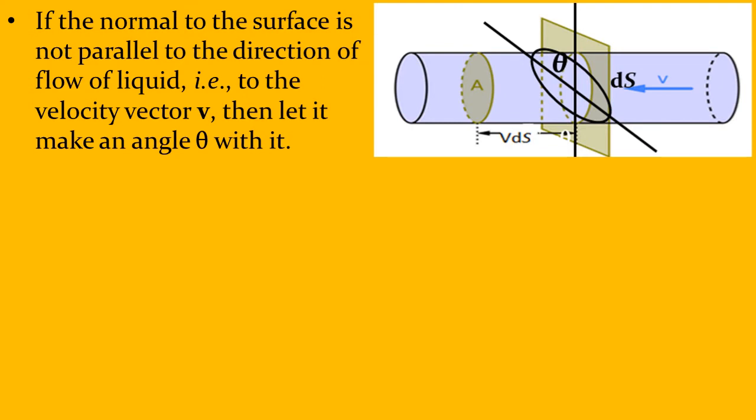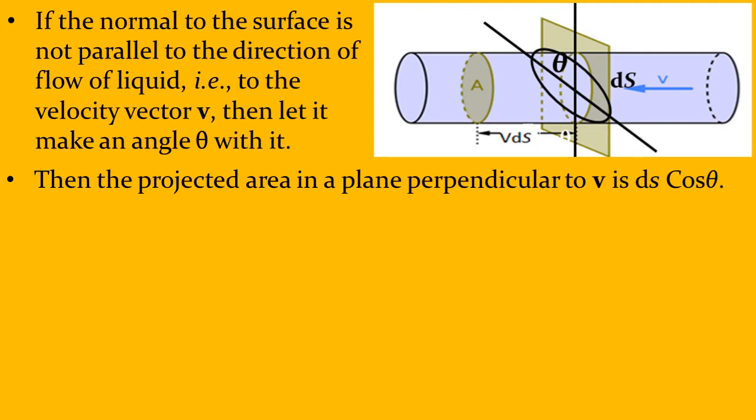Now let us say the aperture which we had provided to the field is not perpendicular to the direction of flow. Let us say it is tilted to the direction of flow at some angle theta. Then the projected area of this aperture is ds cos theta.